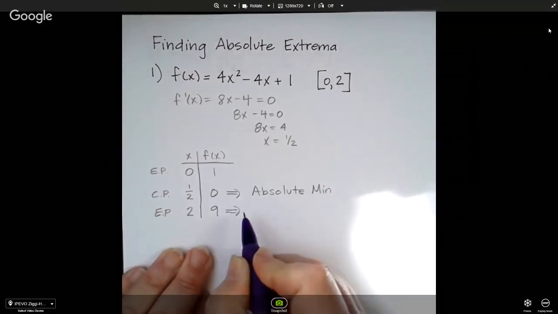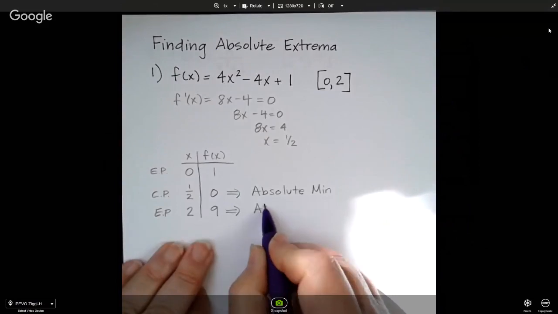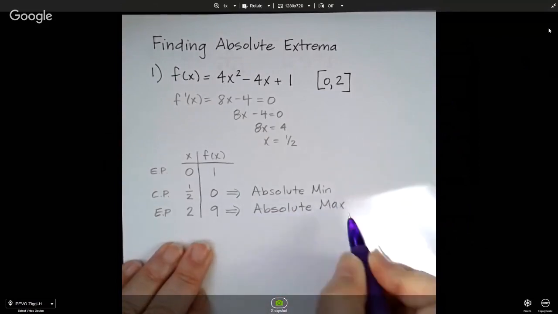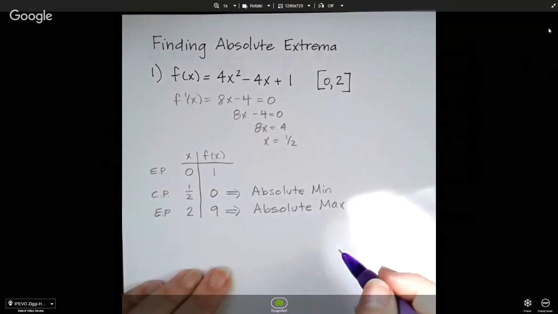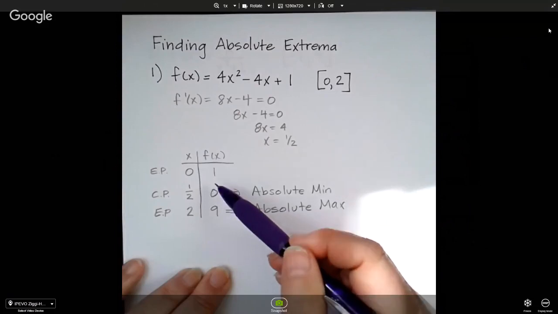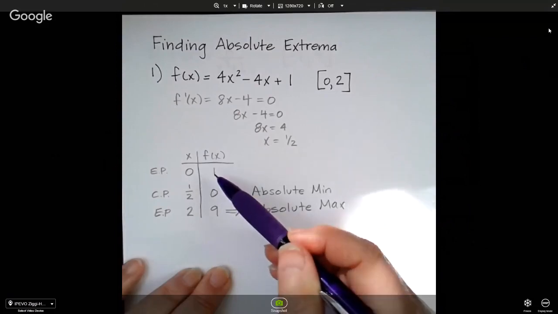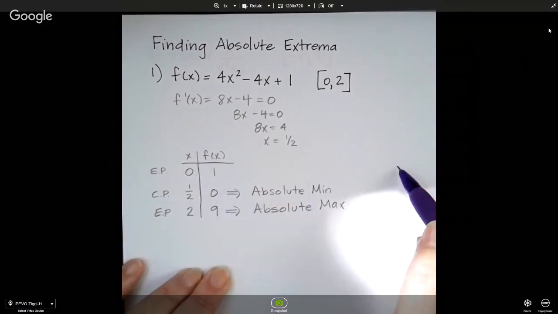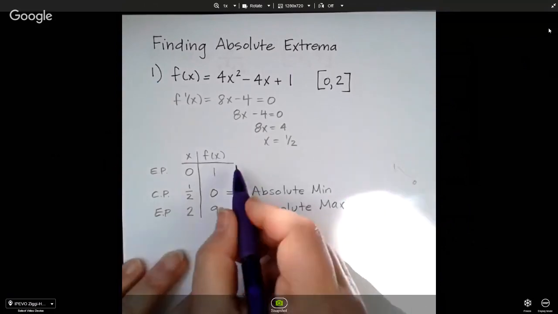And x equals 2 is going to be our absolute maximum because it is the highest y value on our list. And now we have to decide what's going on with this part. Well, my function is decreasing from 1 to 0. So if I'm decreasing from 1 to 0, that means this had to be a relative maximum.